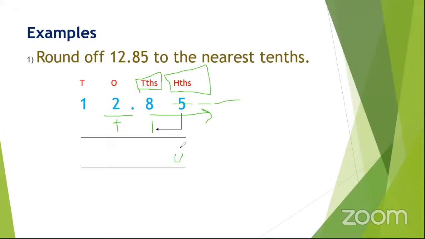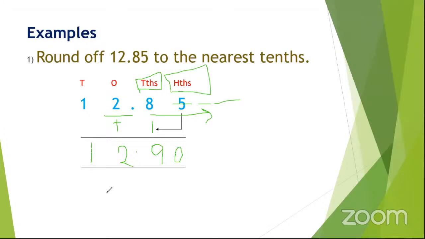So we shall have 0. 8 plus 1, we shall have 9. Point. 2 plus nothing, we shall have 2. Then we shall have 1.